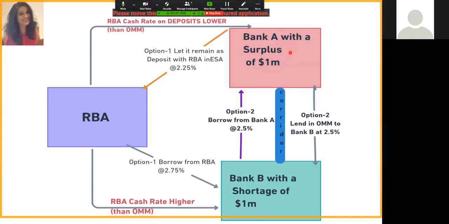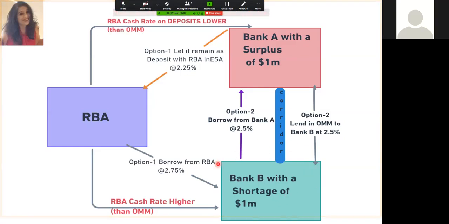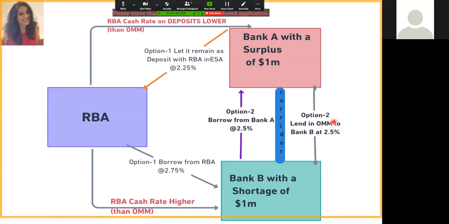Alternatively, this bank can actually loan out some money to the banks, whichever has a shortage. So it could lend the money in the overnight money market. On the same lines, Bank B, say for instance, has a shortage of $1 million.